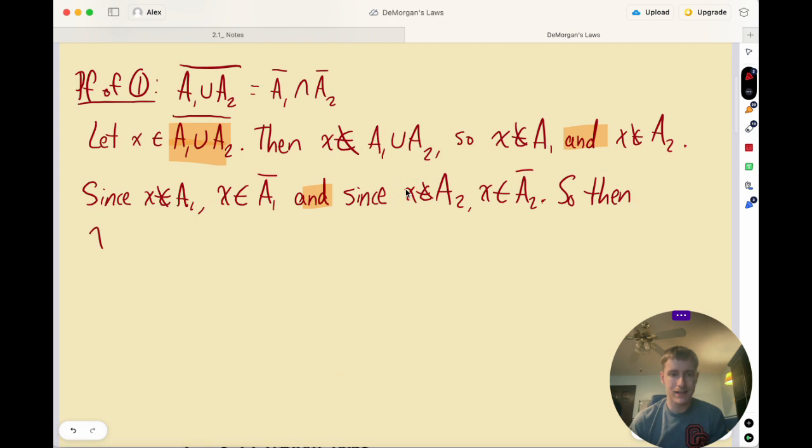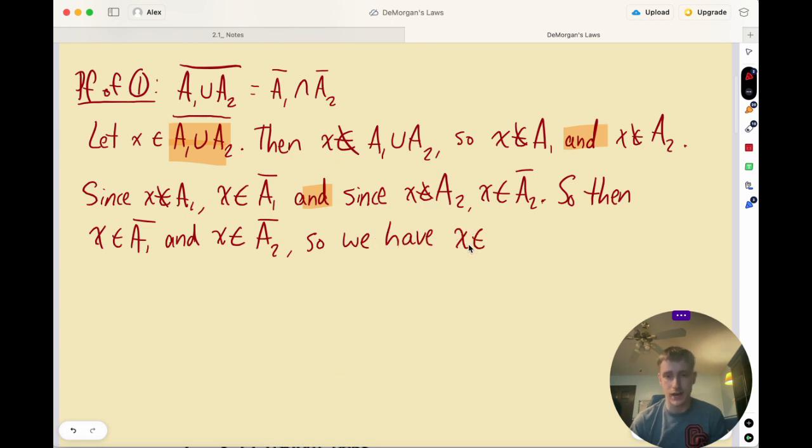So x has to be in the intersection of both A1 complement and A2 complement.